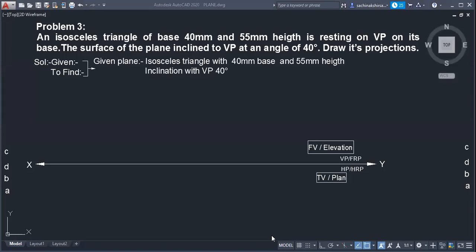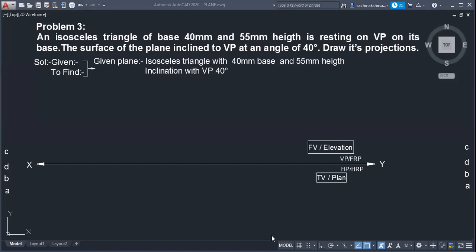Will you read the problem loudly? An isosceles triangle of base 40 mm and 55 mm height is resting on VP on its base.